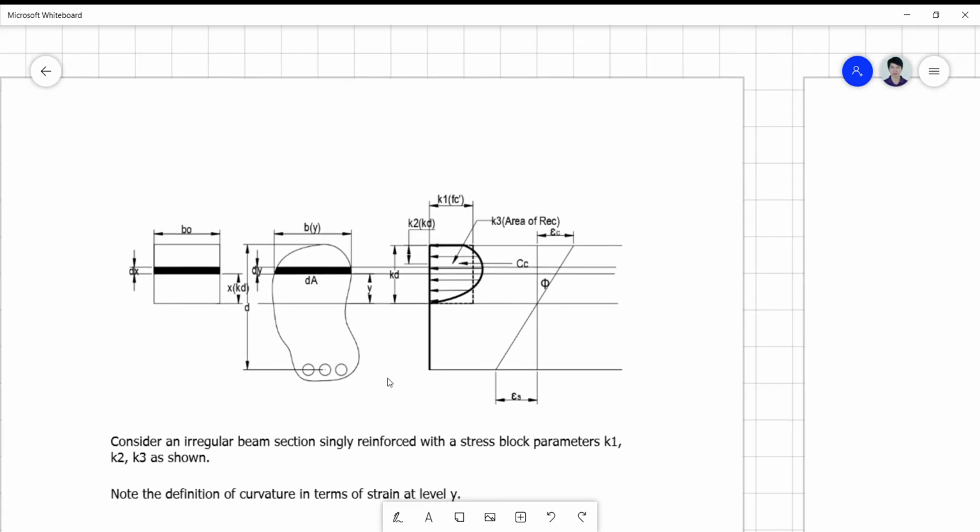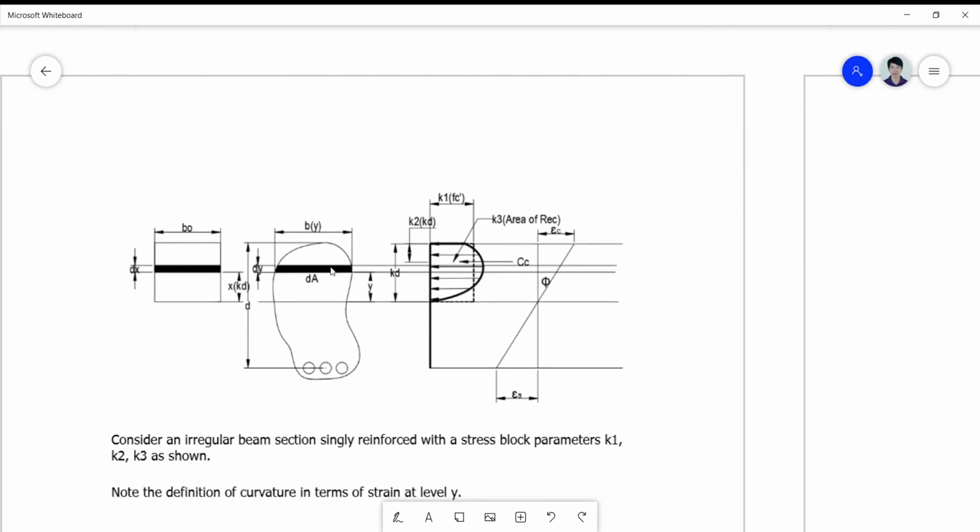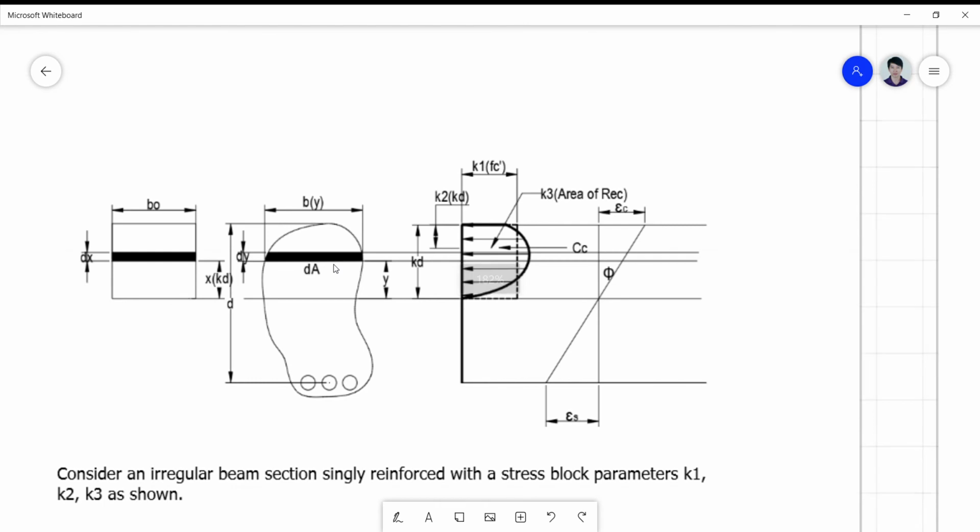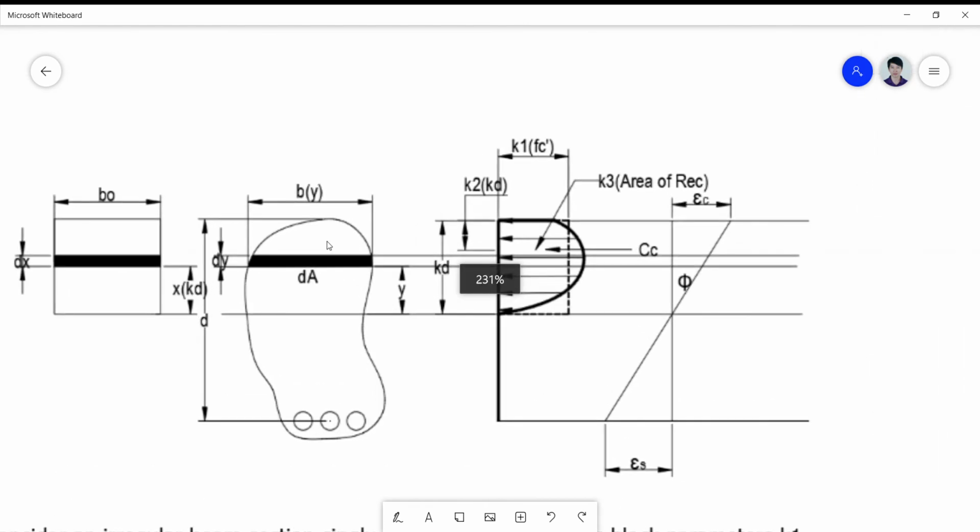Okay, so let's not talk on rectangular section. We talk of irregular curve sections in general because I will not teach you how to deal with only rectangular sections now.